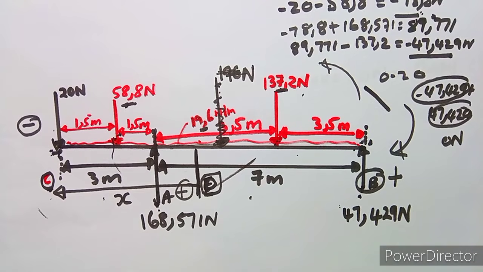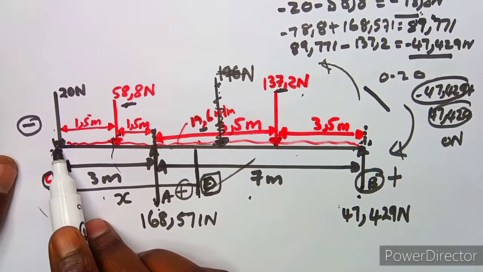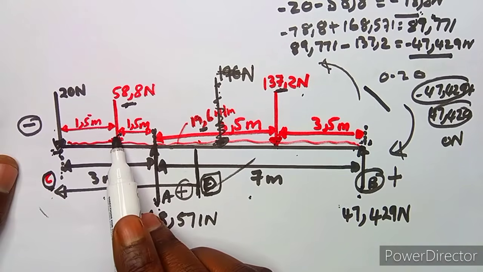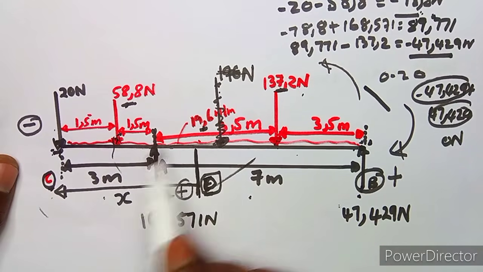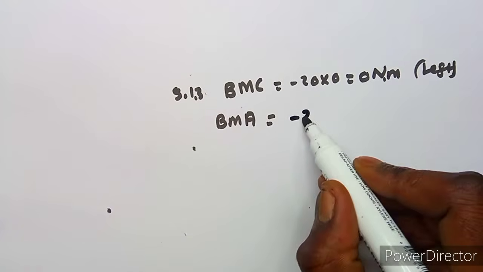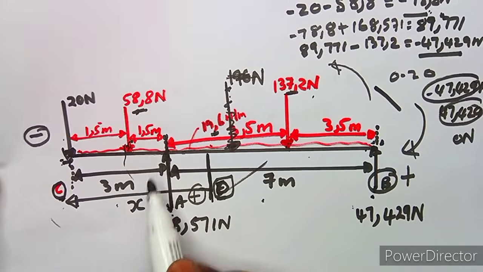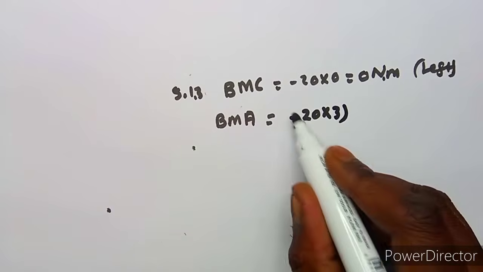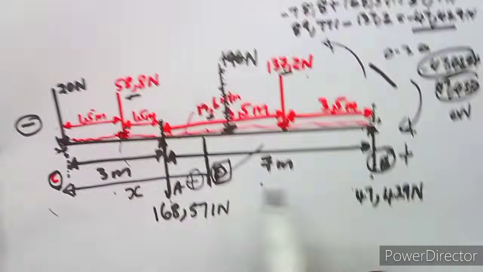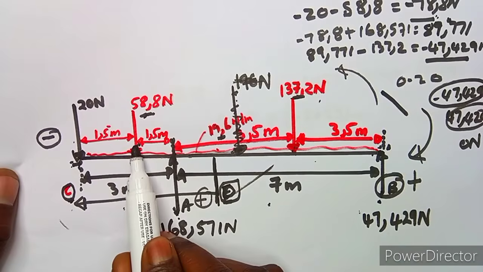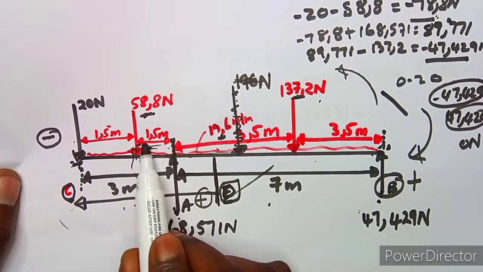So this is going to be a negative from 20 because it's going down. The 58.8, which is the one from 19.6, is also going down. So this is going to be negative 20. But what is the distance now to A? There's a distance of 3 meters, so it's times 3. Minus, this is still going down: 58.8 is going down, but there's a distance of 1.5.